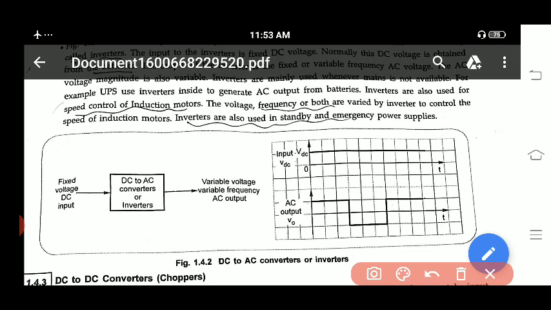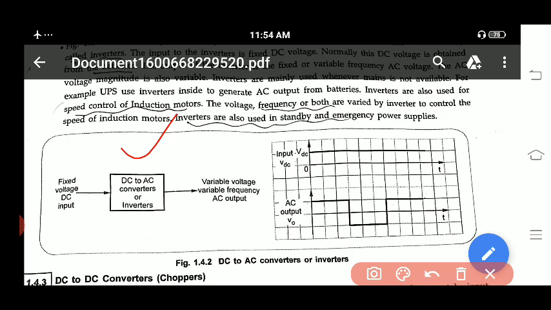So what is the DC input you will get from this inverter? Whatever battery you have in that inverter, that battery provides the energy in the form of DC supply. But whatever electronic equipment you have in your home works using AC. So the inverter converts that battery output from DC to AC.